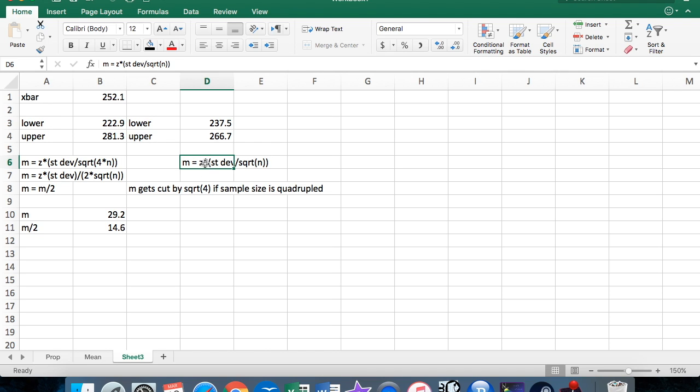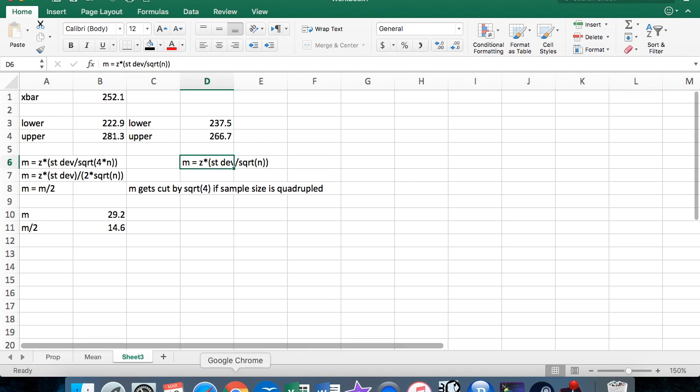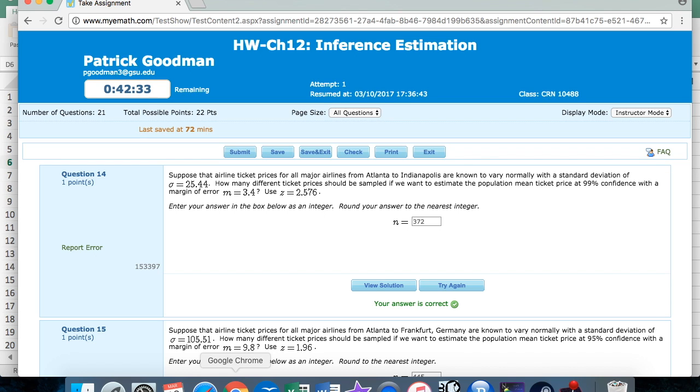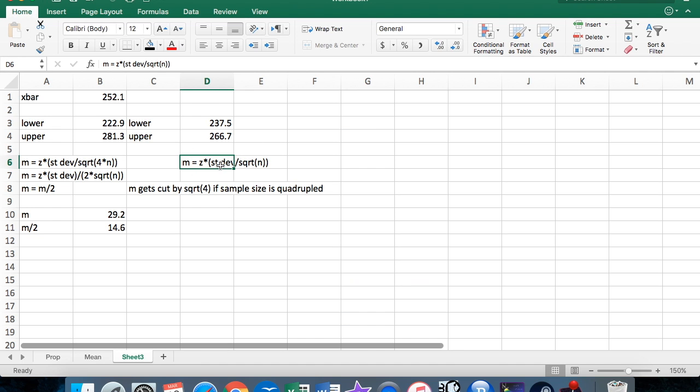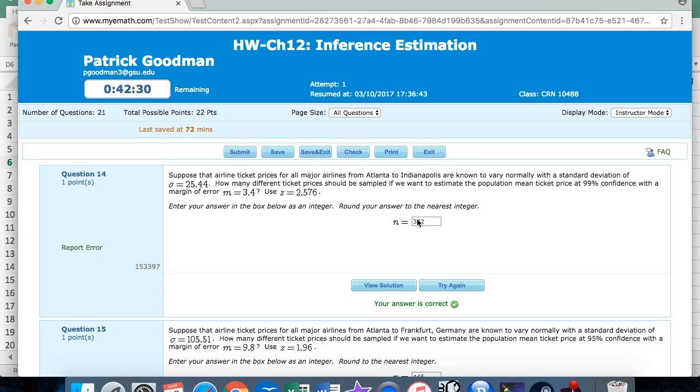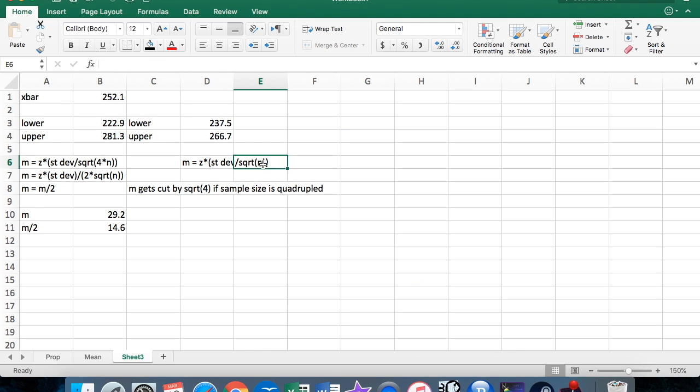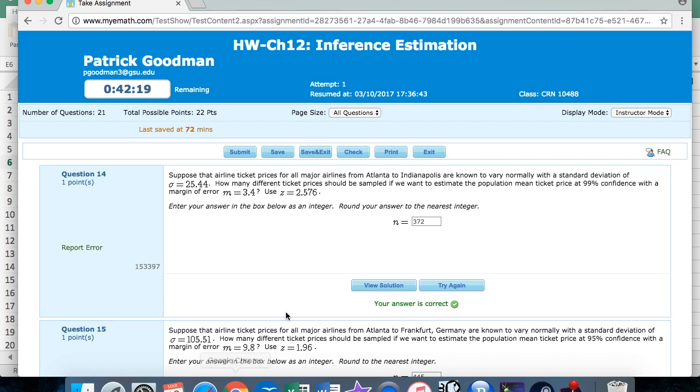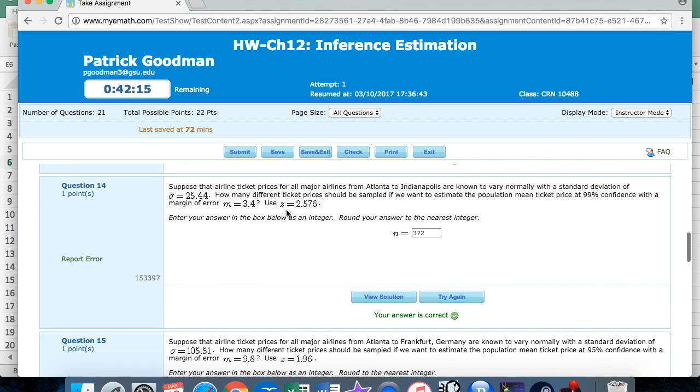We can find z star, because it's 99% confidence. They give you your population standard deviation, and they give you your margin of error. So the only thing you don't have is your n. So go backwards and solve for n. That's all you have to do. It's not too hard, just a little bit of algebra. And unfortunately, algebra is kind of tough to show on Excel, so I won't show you how to do that. You guys should be able to do it.